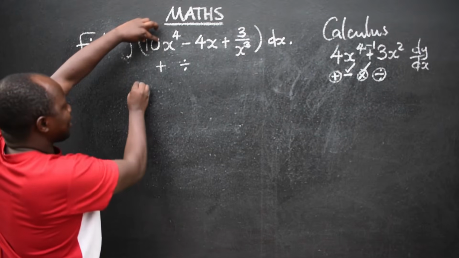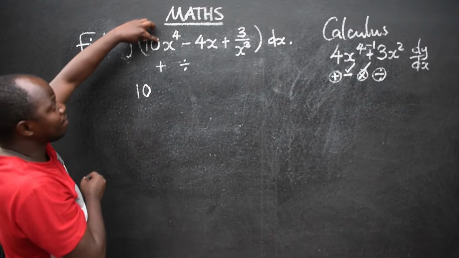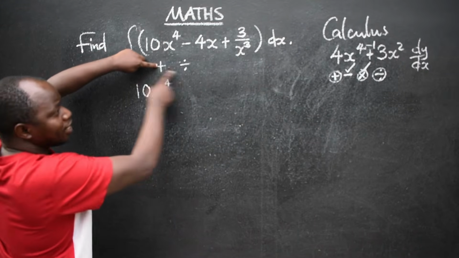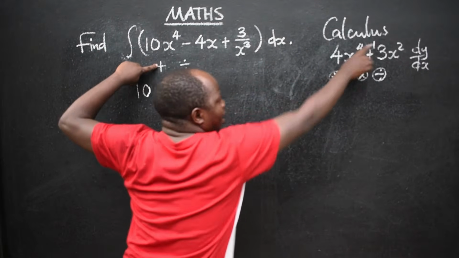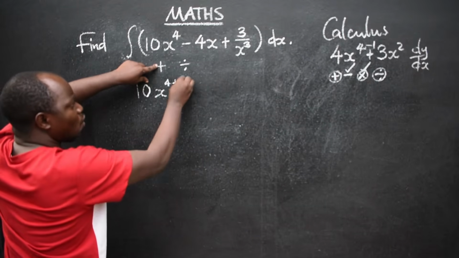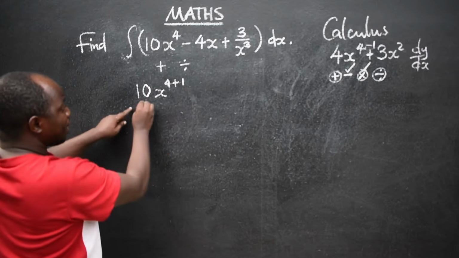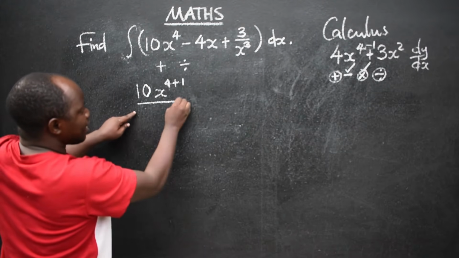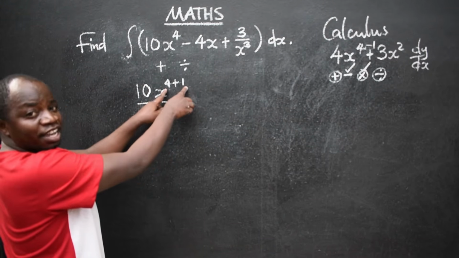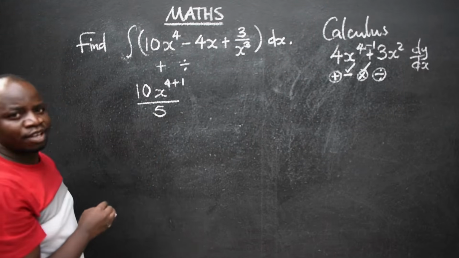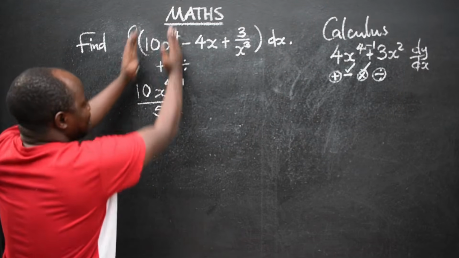So I'll write 10x to the power 4. Here we are subtracting 1, so here you add 1. Add 1, then divide by the answer that you find here. What is 4 plus 1? 5. You have integrated the first part.